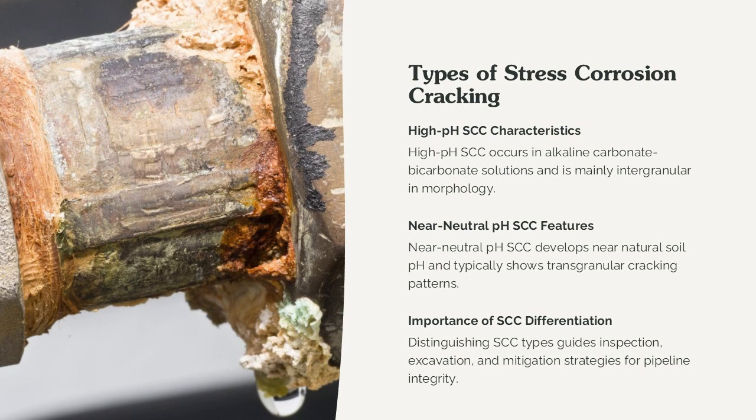Near neutral pH SCC, by contrast, develops in environments closer to natural soil pH and is generally transgranular in nature. These two forms of SCC differ in terms of crack appearance, growth rates, and associated electrochemical conditions. Understanding the type of SCC present is critical for selecting appropriate indirect inspection tools, excavation strategies, and mitigation measures.